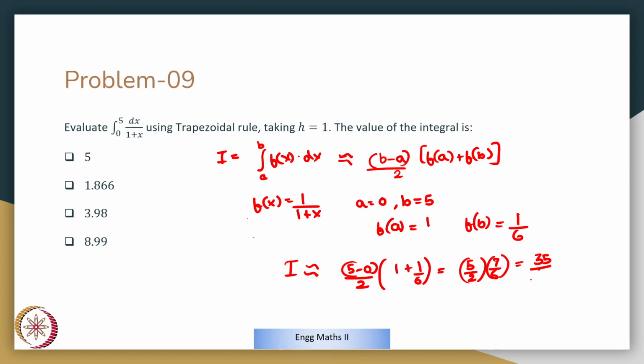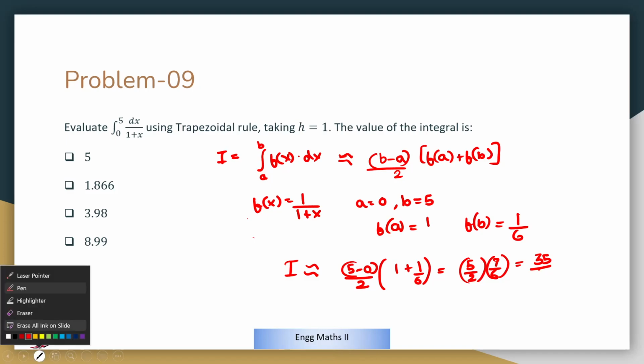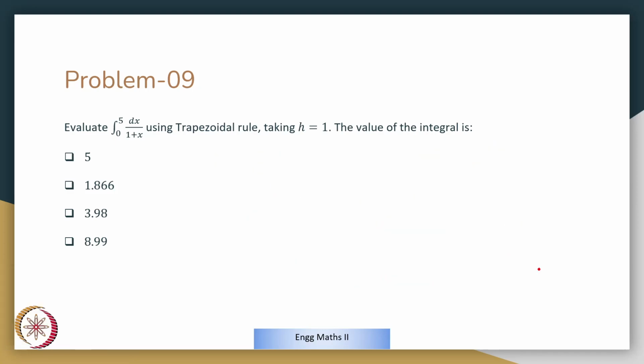Oh, I think I made a mistake. Yeah, I made a mistake here, sorry. I assumed that we have the trapezoidal rule acting over the entire interval as one particular interval, but what we actually have, I forgot this, is the data.